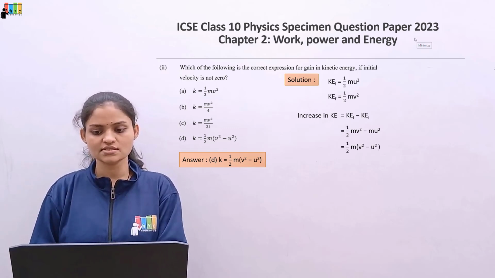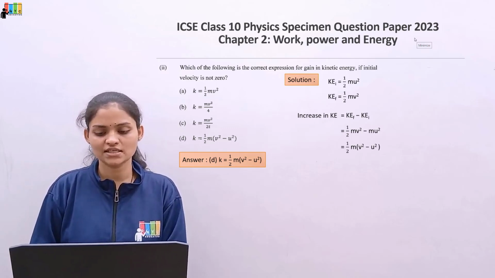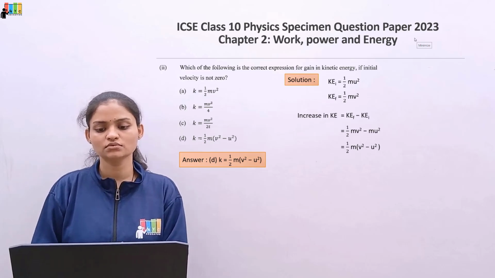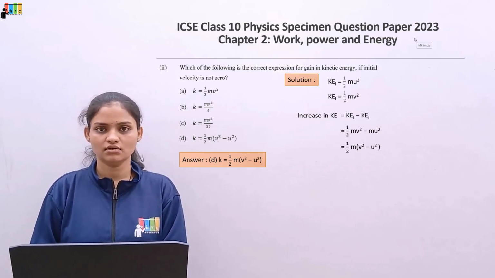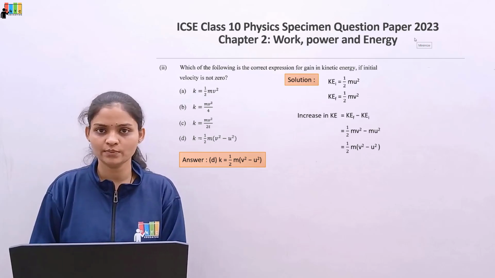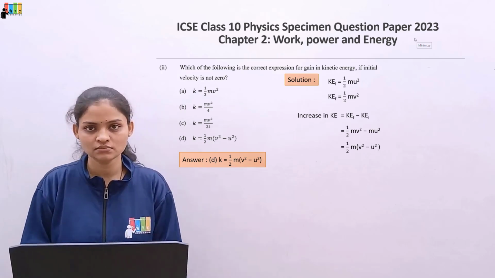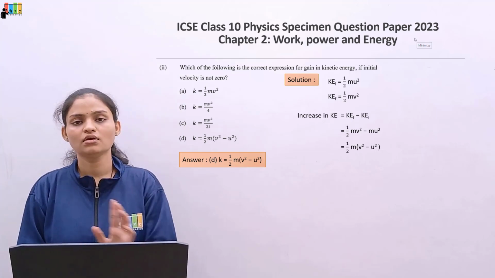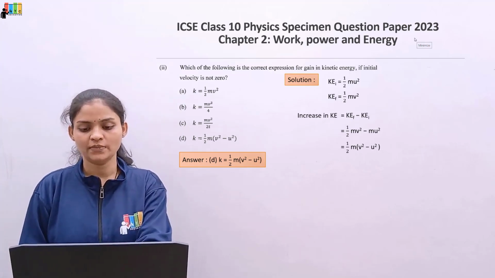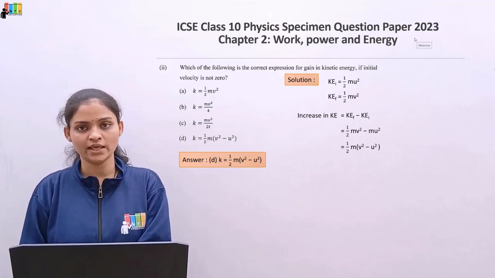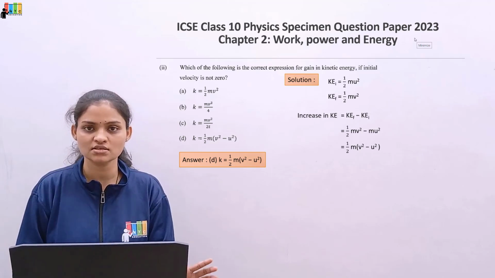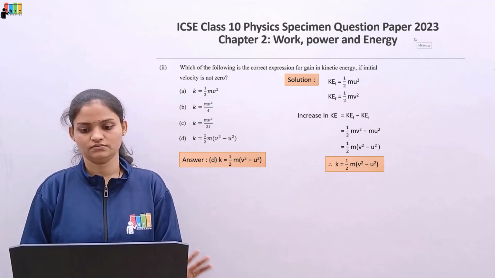So the final answer is 1 by 2 mv square minus 1 by 2 mu square. You can take 1 by 2 and m common. So the answer is 1 by 2 m into v square minus u square.